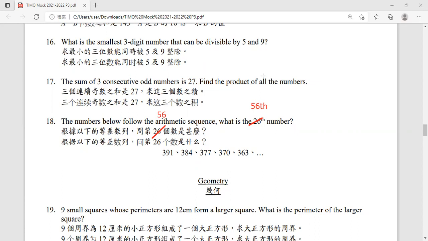Yeah, good, very good. So you will find this is 391 minus 7 times 55, which is 285. So this is 6. Yes, 6. Okay. Good.